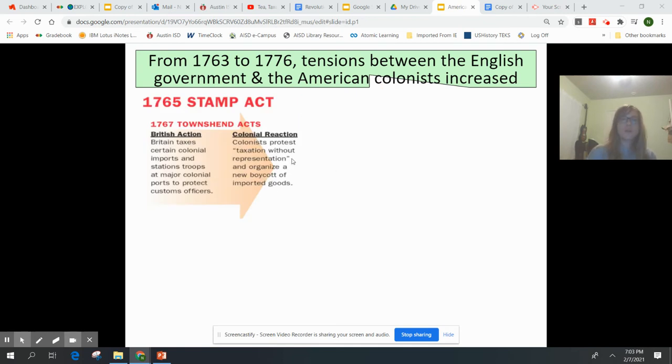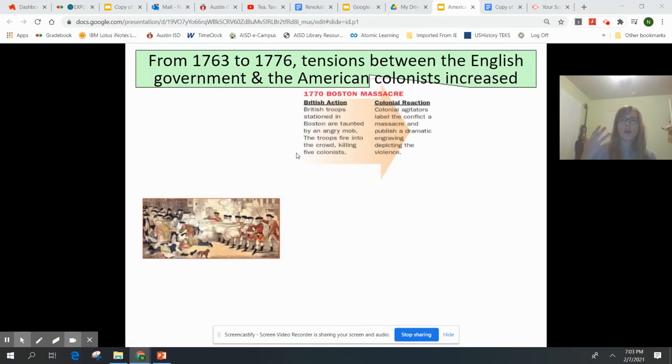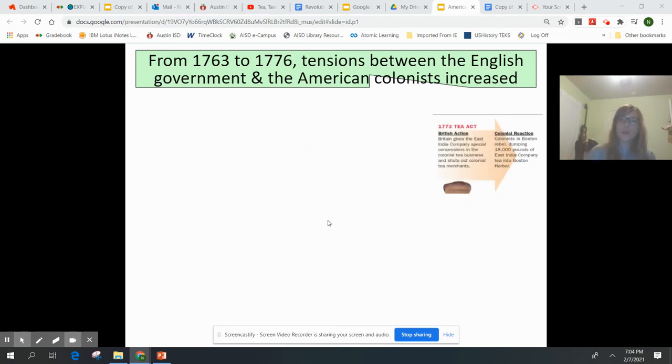The British are going to repeal that, but then they're going to put more taxes on the colonists. And so disagreements are going to occur in the forms of things like the Boston Massacre, where the colonists are going to say that it's almost like a police brutality type of thing against the colonists. And there's going to be more and more uprising.